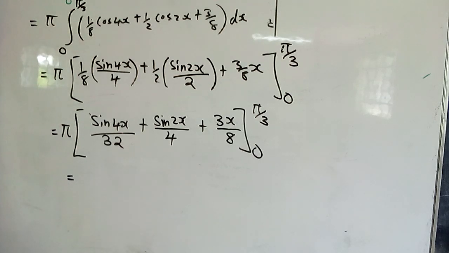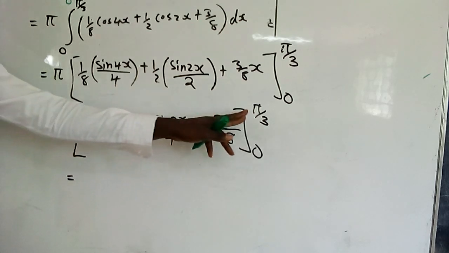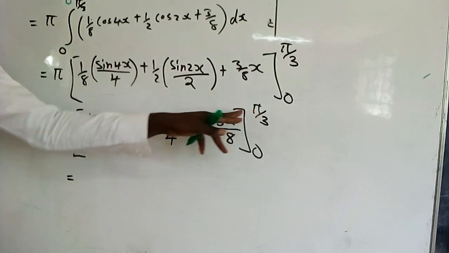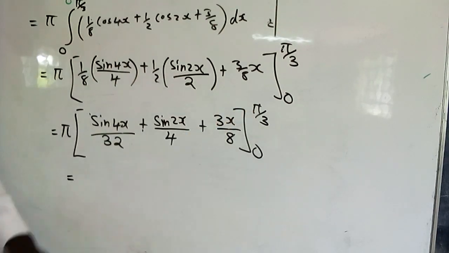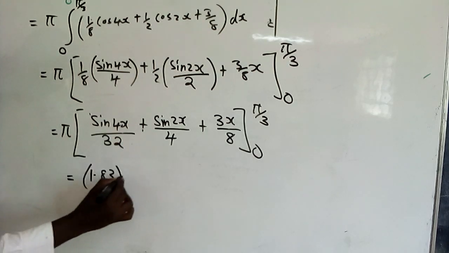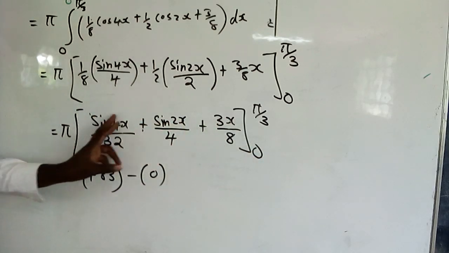Are we together? Good. So get me the value of sine 4 pi over 3 divided by 32, plus sine 2 pi over 3 divided by 4, plus 3 pi over 24. That is what I have. Everyone has 1.83, isn't it? So the upper limit is 1.83 minus the lower limit, which will be 0, because if you substitute 0 here, you get the whole thing to be 0.